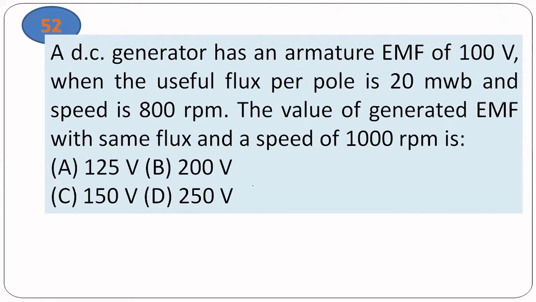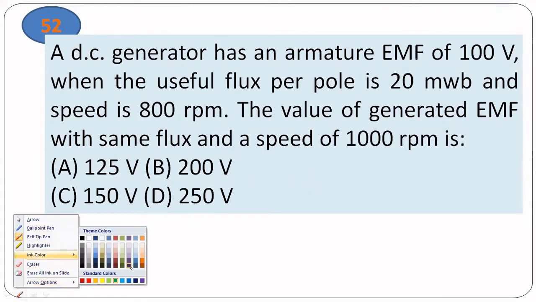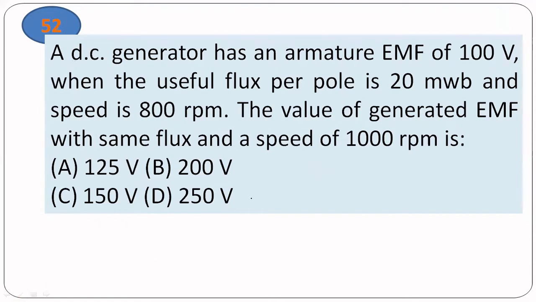Next: a DC generator has an EMF of 100 volts. Let's say this is E1 equal to 100 volts, and the useful flux is 20 into 10 to the power minus 3 Wb, and for this, the speed is 800 RPM.